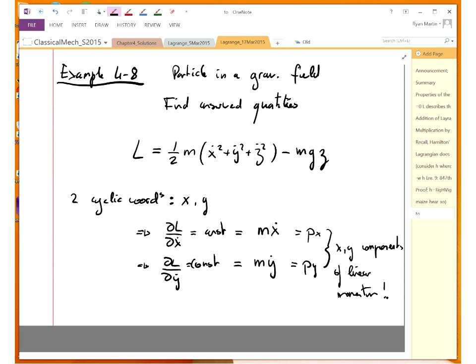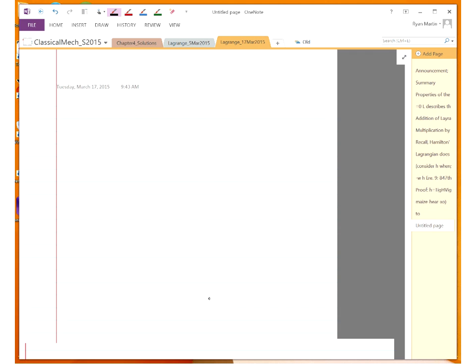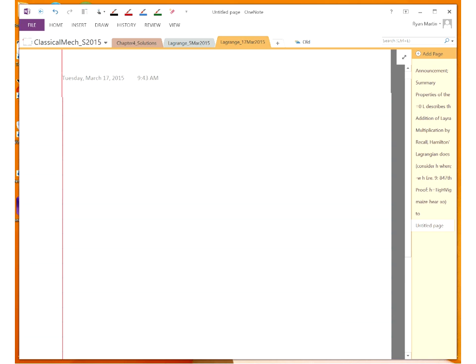And so the Jacobi integral is equal to T plus V. And that is conserved. And so energy is conserved in this system. So we have a third conserved quantity. So we have ∂L/∂t equals 0, hence H is conserved.